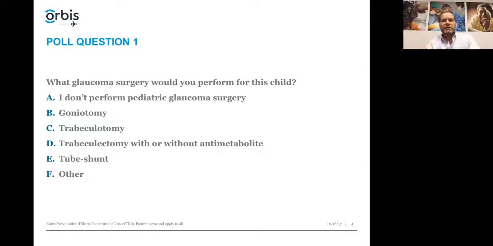But this case demonstrates one of the difficulties here in that you can see that he's had 2 trabeculotomies, but yet still maybe those were difficult, and Schlemm's canal was difficult to find, and that was described in the case discussion that followed.